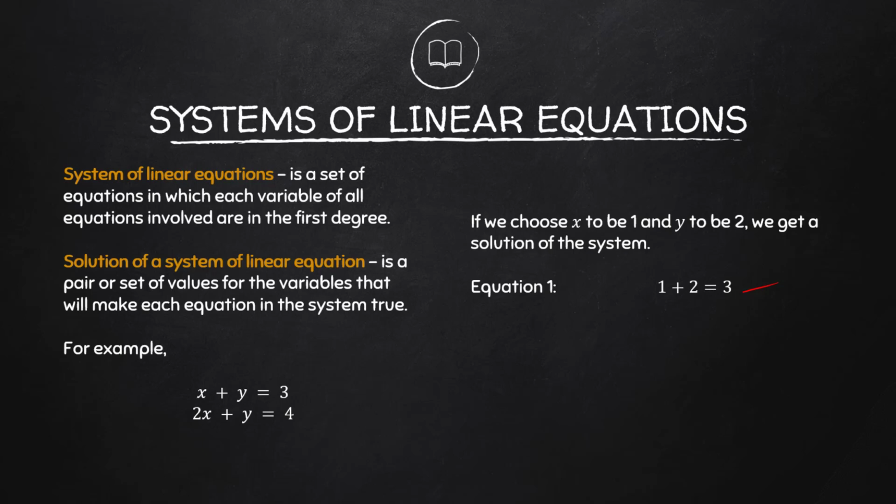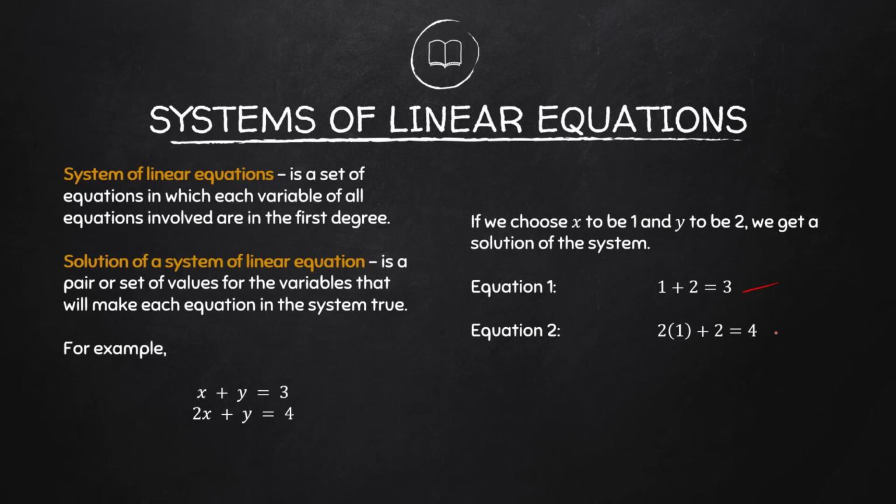For the second equation, we have equation 2. If you substitute x equal to 1 and y equal to 2, we will have the value 4. If that is equal to 4, then both sides of the equation are equal, meaning that is a solution of the system of linear equations.